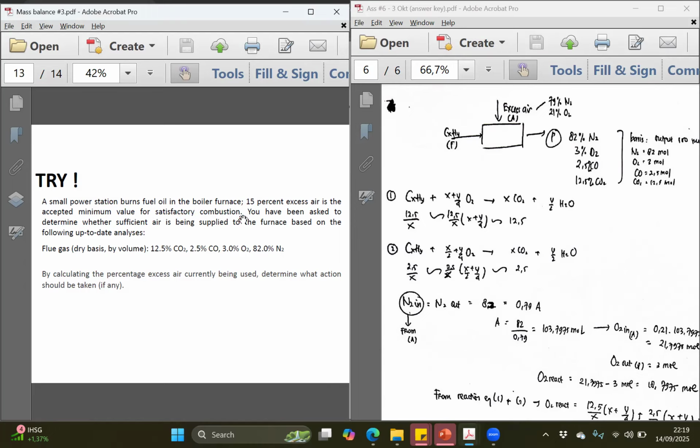We are asked to determine whether sufficient air is being supplied to the furnace based on the analysis, which provides composition data like this. Based on this data, we are asked to calculate the percentage of excess air currently being used.